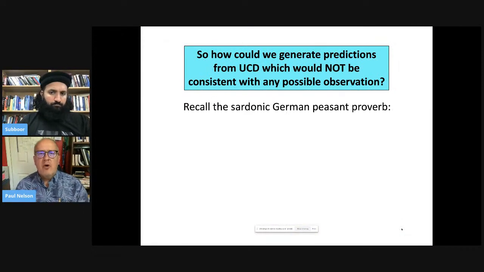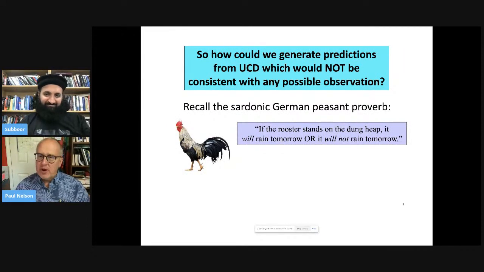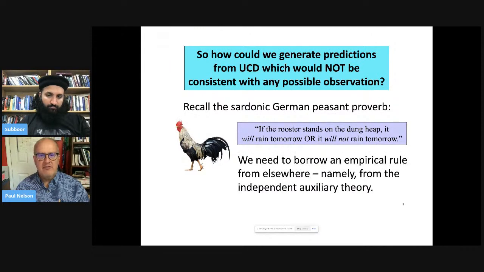All right. So how can we generate predictions from universal common descent which would not be consistent with any possible observation? Well, there's a legendary German peasant proverb: if the rooster stands on the dung heap, it will rain tomorrow, or it will not rain tomorrow. Consistent with whatever we observe tomorrow and actually telling us nothing, because all empirical possibilities have been covered.